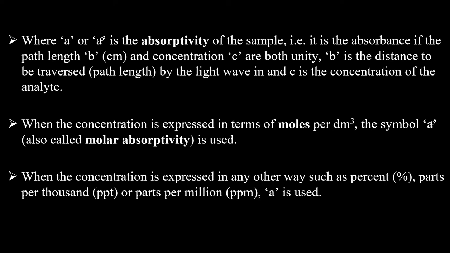When the concentration is expressed in terms of moles per dm cube, the symbol a0 is used, which is called molar absorptivity. When the concentration is expressed other than moles per dm cube, that is, in terms of percentage or parts per thousand, that is ppt, or parts per million, that is ppm, then small a is used.